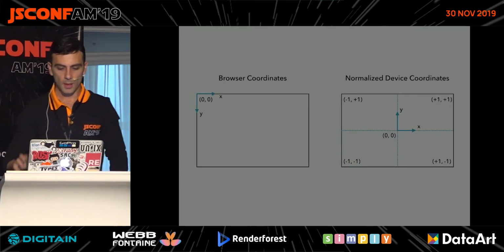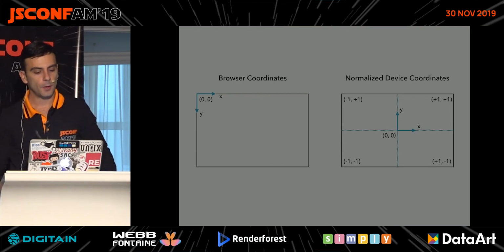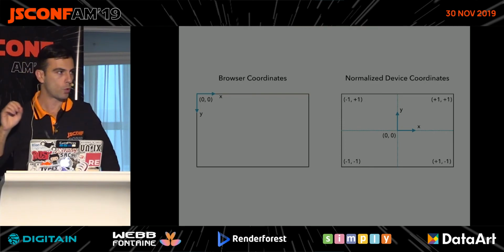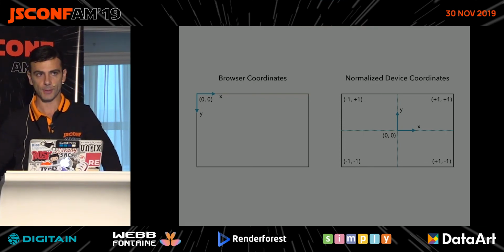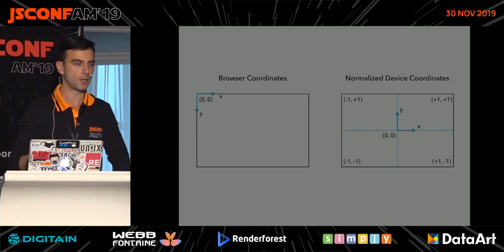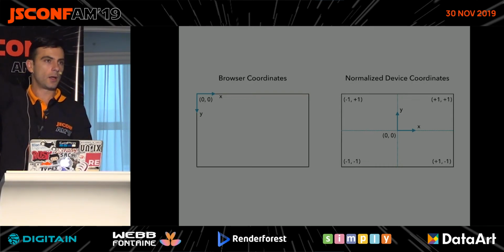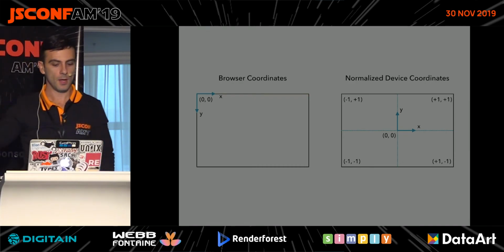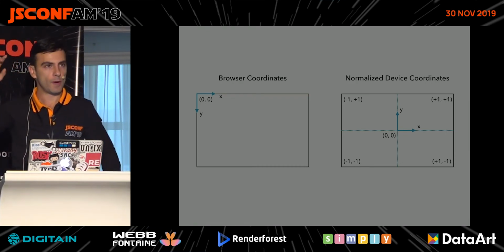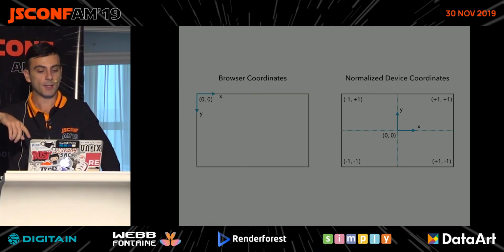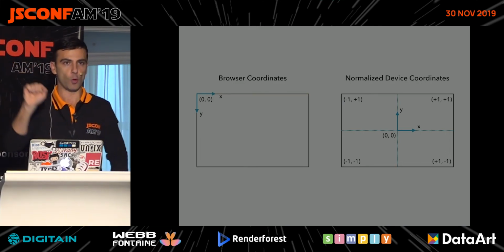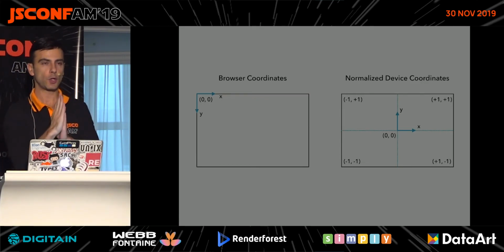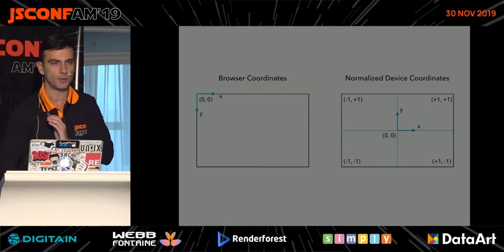One important thing, though. The ray casting that is done by Threejs uses a different coordinate system from the one your browser uses. Your browser, if you remember, begins with 0, 0 at the corner. X goes this way, but Y grows this way, right? Whereas the ray casting system in Threejs puts 0, 0 at the origin in the middle of the entire thing, and then it goes up all the way to 1 and down to -1.